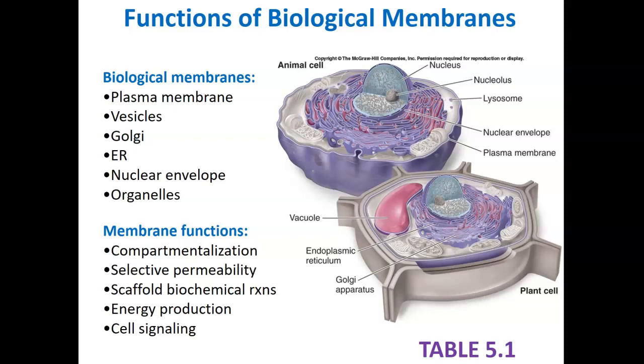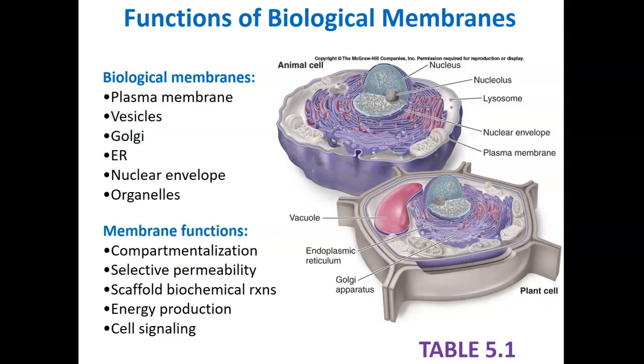Selective permeability is incredibly important, determining what is allowed to enter into the cell or into a particular compartment, and what is extruded out from that compartment. For instance, waste products that the cell produces and wants to release out into the extracellular space. That's all mediated through the various membranes.